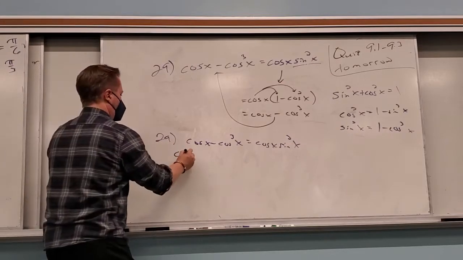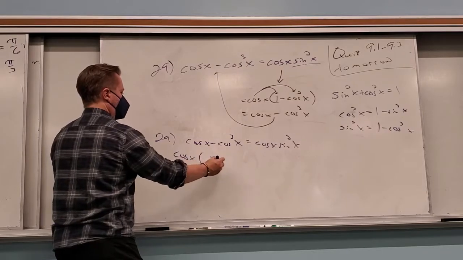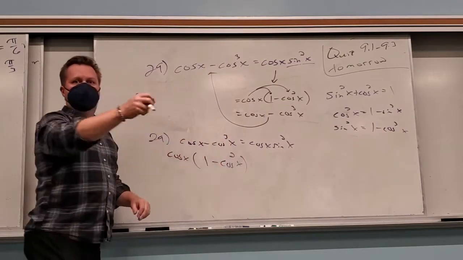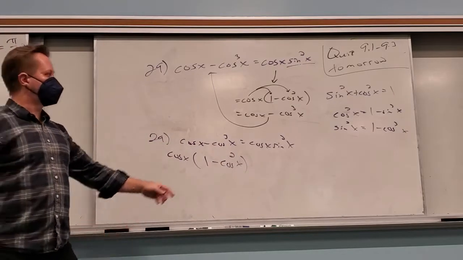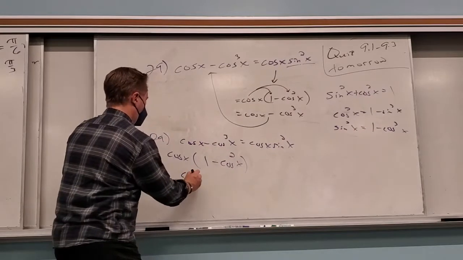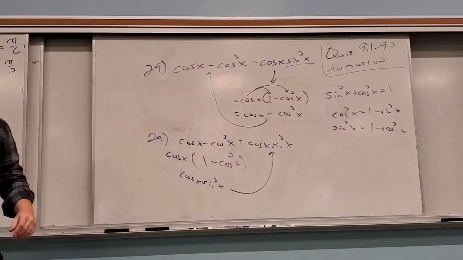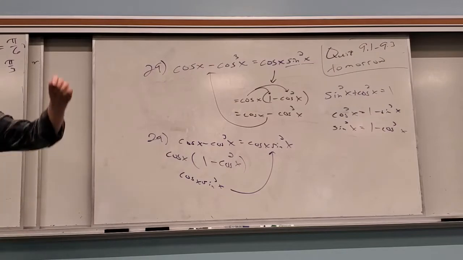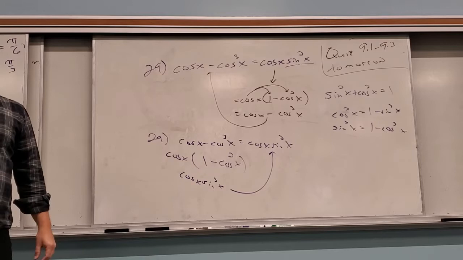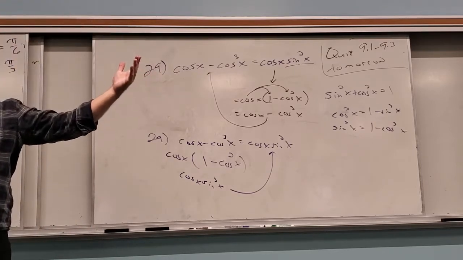So if I take a cosine x out, what's left? 1 minus cosine squared, right? I lose a cosine in each. And of course, 1 minus cosine squared is sine squared. So then, bam, done. I made one side look like the other side. So that's an example of either side would be good to start with.